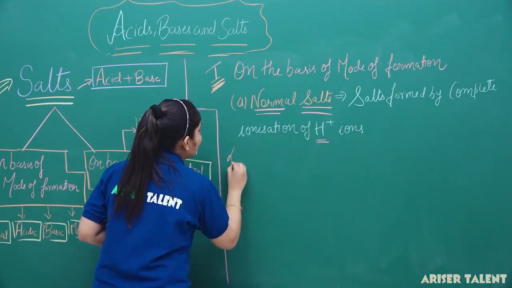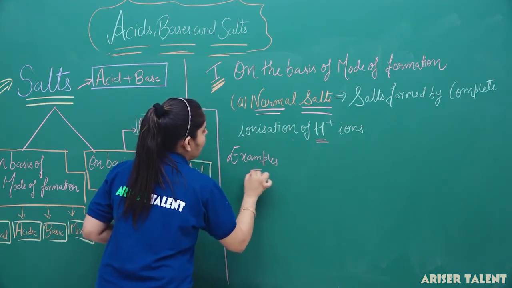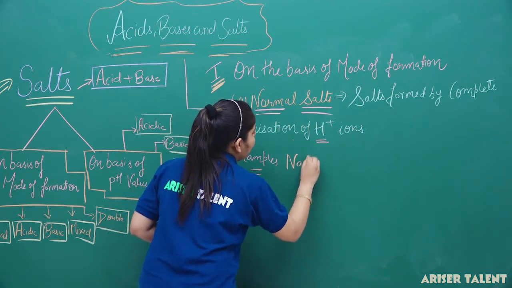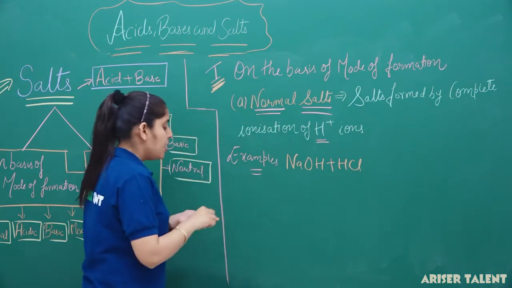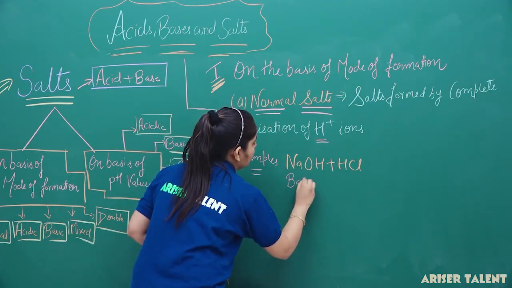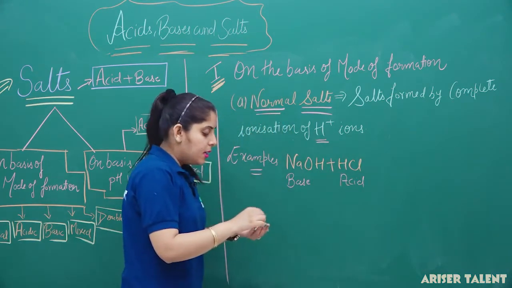We have many examples for normal salt. Suppose I am reacting NaOH with HCl. Now this NaOH is the base and this HCl is the acid.